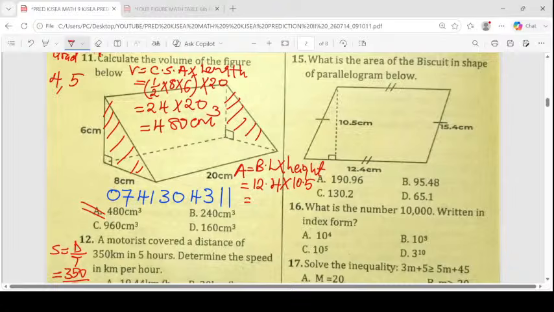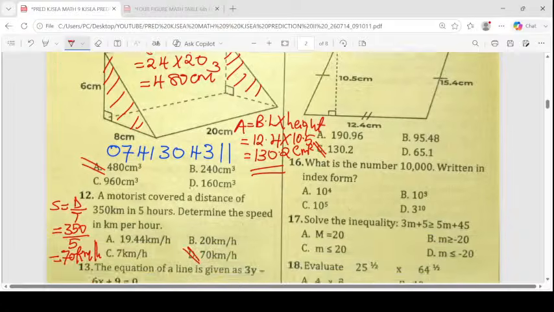So when you multiply 12.4 multiplied by 10.5, you are exactly going to get 130.2. This is square centimeters. 130.2 square centimeters, making choice C for cat the correct answer.